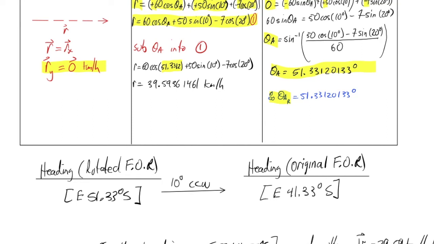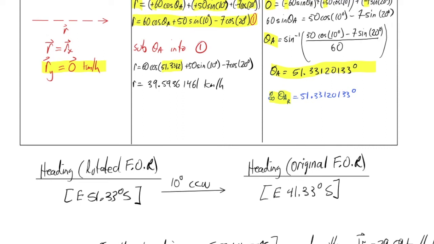And the reason why is that this entire equation here was developed on angles based on the rotated frame of reference. So by putting in an unrotated angle, it completely messes up the math. So you complete all the math while you're still in the rotated frame of reference.